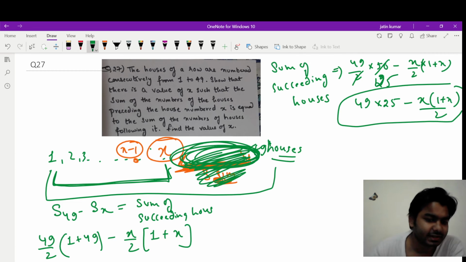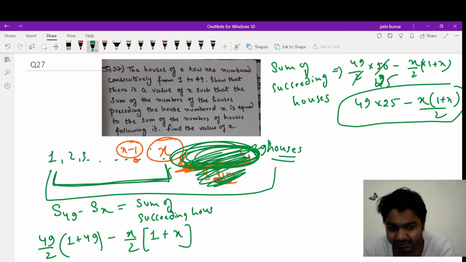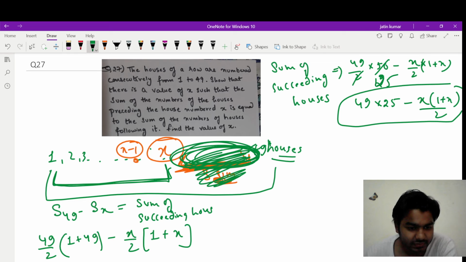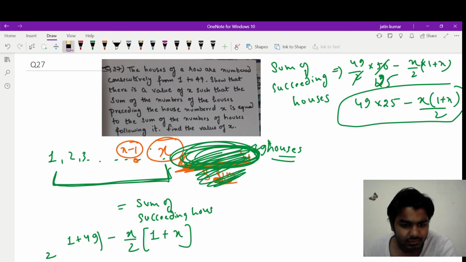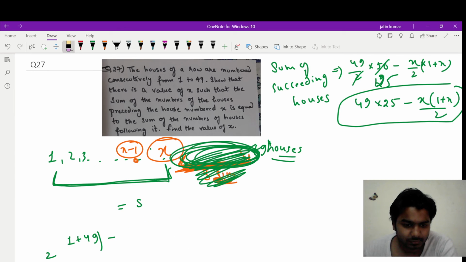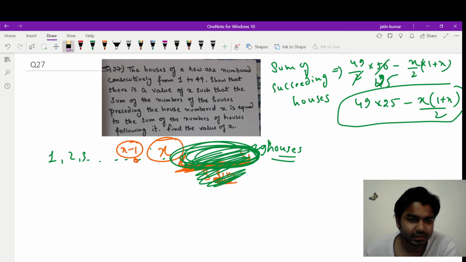Now the sum of succeeding houses is equal to the sum of preceding houses, and the sum of preceding houses, what we have got, remember? I don't remember now, so we need to find it again.